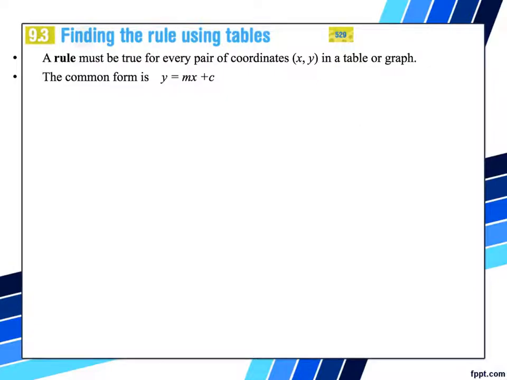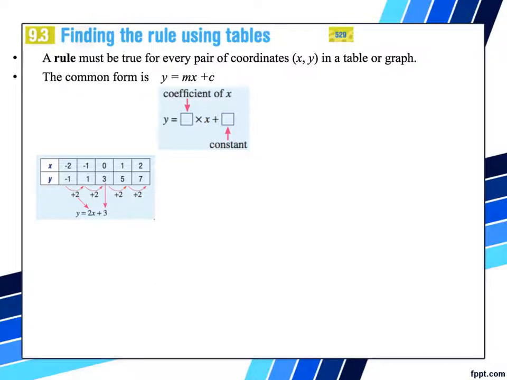The common form of writing is y equals mx plus c. The m in this case is the coefficient of x. When I refer to the coefficient of x, remember it's the value that's multiplied with x, and c is the constant value, because there's no variable connected to that.